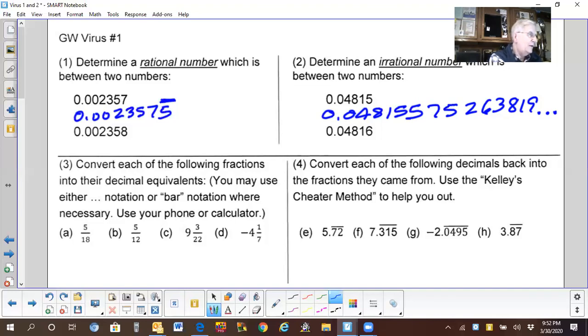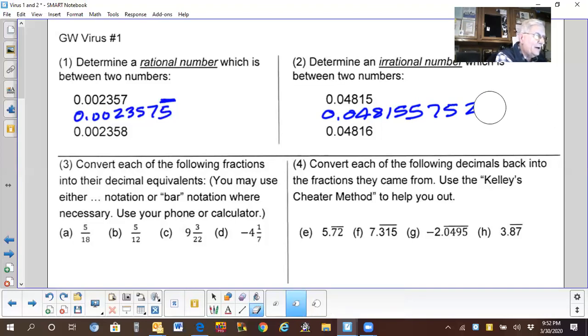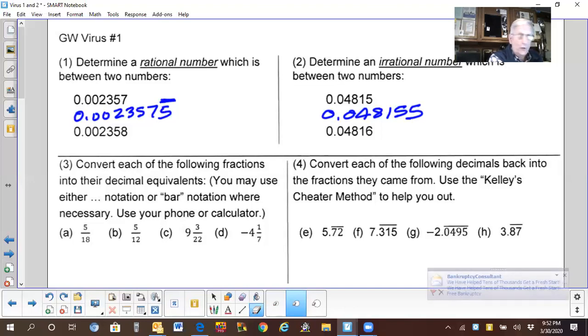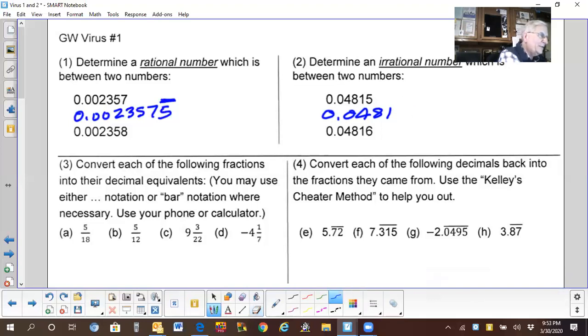Now, let me erase what I put on there and go back to the original 5, 5 I got when I divided them. Another way that I could show that I have an irrational number that's between these would be for me to draw an arrow after it. Let me put the 5, 5 back.